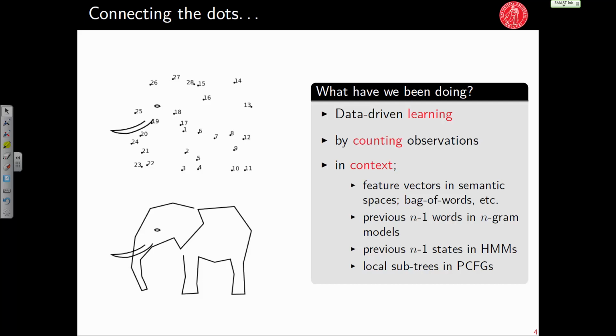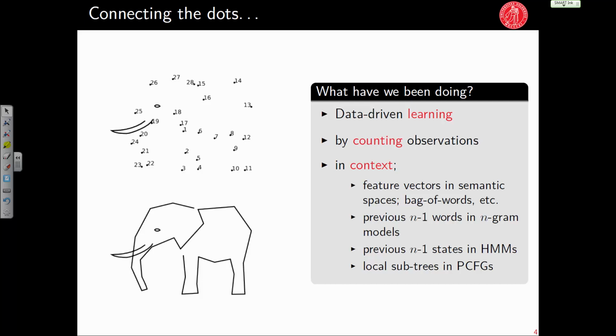In a language model, the context was defined as the n-1 preceding words, so the n-1 prefix of a given word. In a hidden Markov model, the context was defined on the states sequence. So you remember we had transition probabilities and emission probabilities, and these transition probabilities were corresponding to the transitions between the states.